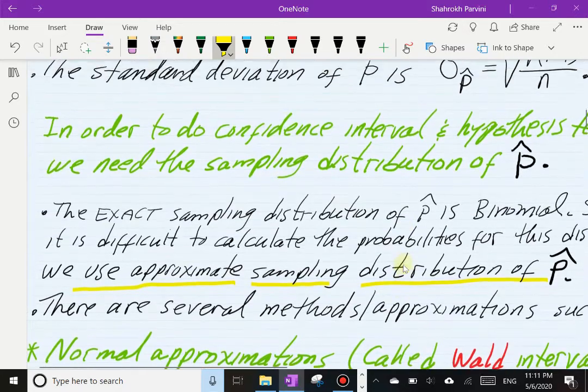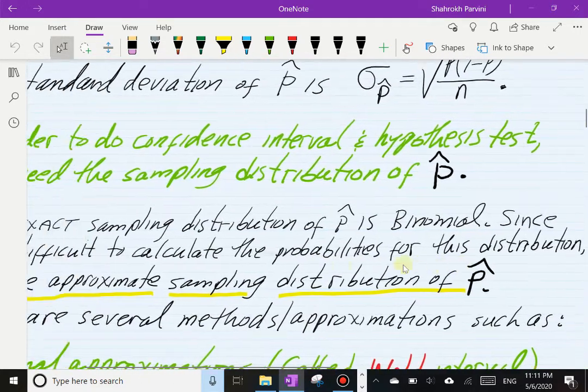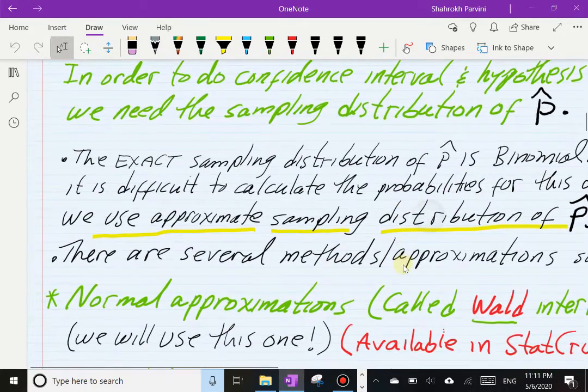Now, these approximate distributions, there's quite a few of them actually. I'm about to write down a few on the list, but there are more than this. There are several approaches to finding these approximate sampling distributions. Some of these are the normal approximation, which we really like, right?